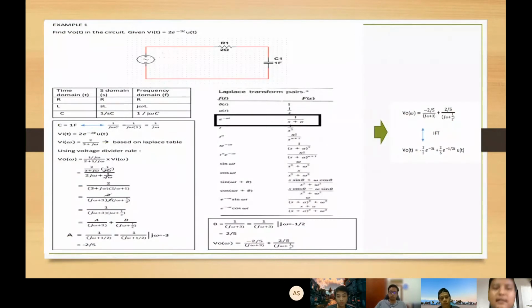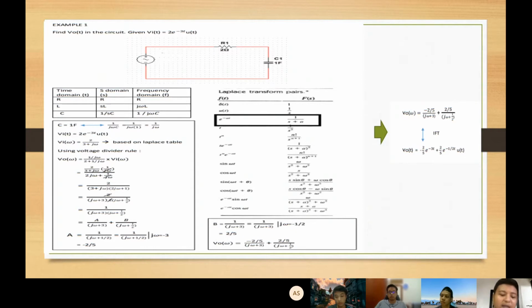Okay, this is an example of a circuit where we have applied Fourier transform based on the class, and this is one of the examples shown by our lecturer, Madam Nozani. So from the circuit we know the method. We have three methods.